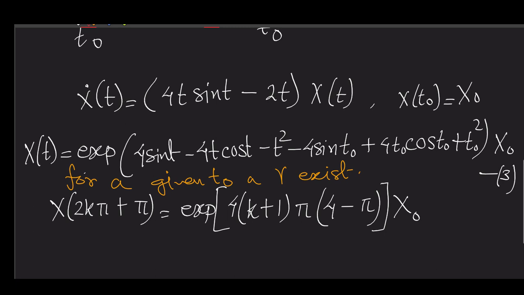Now, the state equation is not uniformly stable. Why? With fixed initial state x naught, let us consider a sequence of initial times t naught equal to 2k pi. So respective solutions at times pi unit later will be taking these values, right?